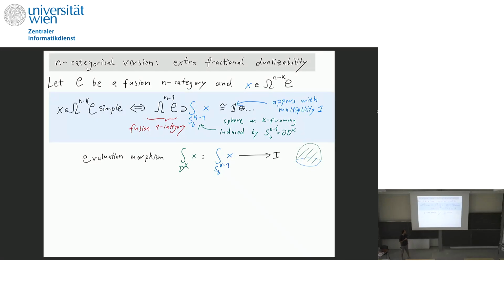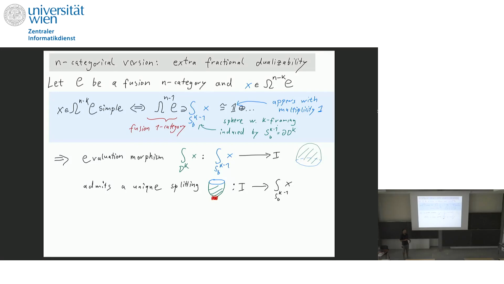In fact, it turns out that this object X, or these endomorphisms of some tensor unit, is simple if and only if, looking at the sphere, I have 1 appearing precisely with multiplicity 1. So it's the same story as in the one categorical case. And so I can again find a map which goes the other way, even if the sphere doesn't admit a framing, by just splitting this projection.